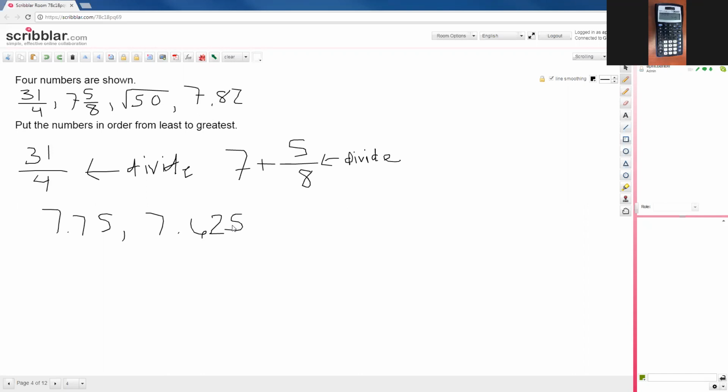And then the final one we need a decimal for, square root of 50, we also need to know how to get to the square root button on this calculator. So it's kind of hard to see, but if you look at this x squared button, right above it, there's a tiny blue square root symbol.